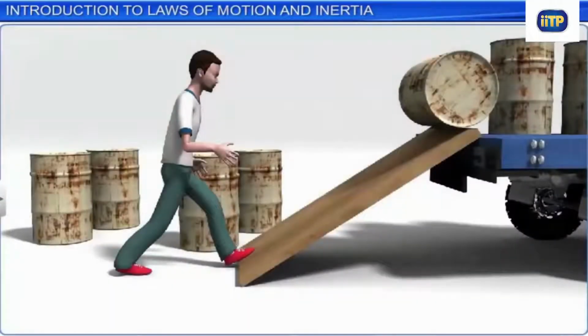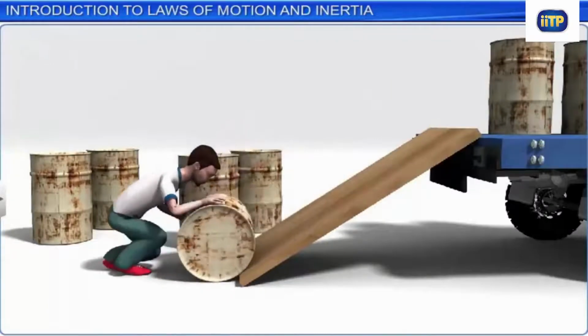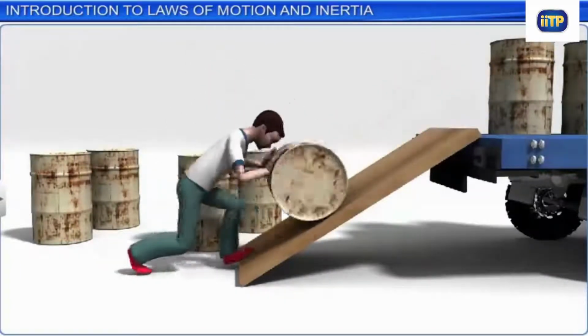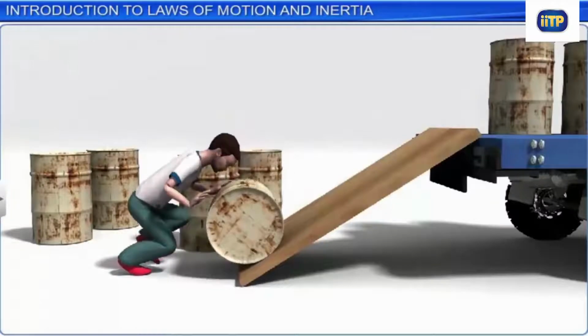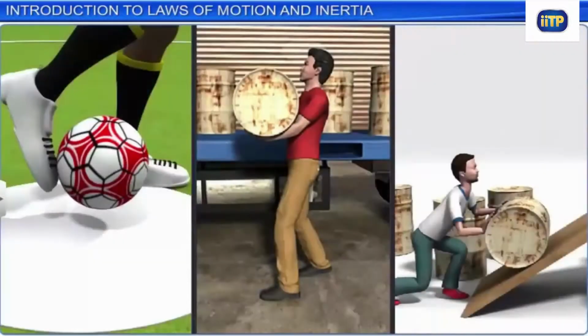Similarly, when a barrel is being unloaded from a truck using an inclined plane, it tends to roll down fast unless its motion is restricted by some opposing force. In this case, the barrel has a tendency to move faster, but is being restricted by a force due to an external agency. In all these examples, the external agency applying the force was in contact with the object in motion.